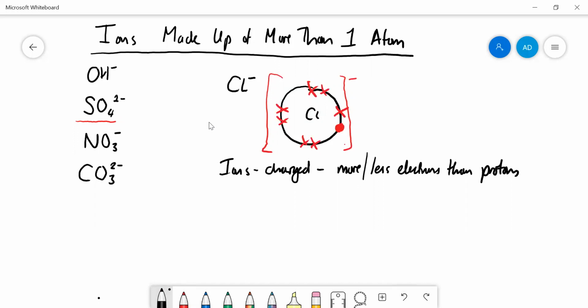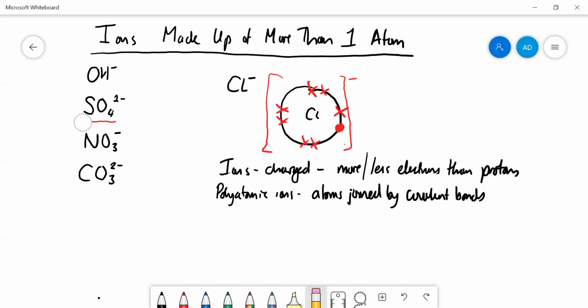In these, sometimes called polyatomic ions, more than one atom, the atoms are joined together by covalent bonds. So we've got 2 things going on there. We've got covalent bonding in the ion, and then we've got an extra electron, or an extra 2 electrons, which means it's charged.